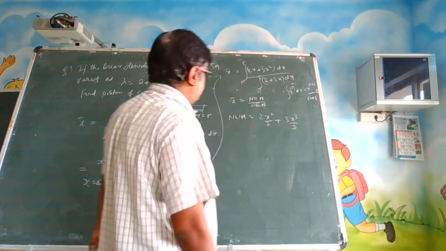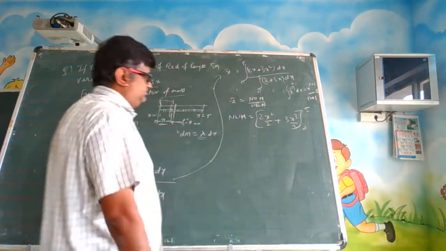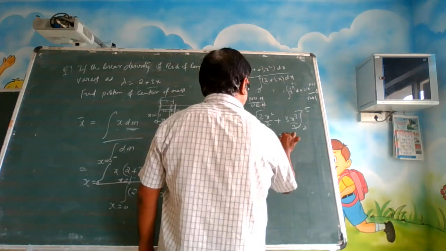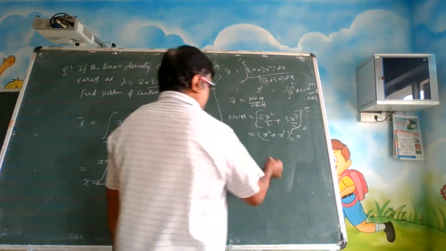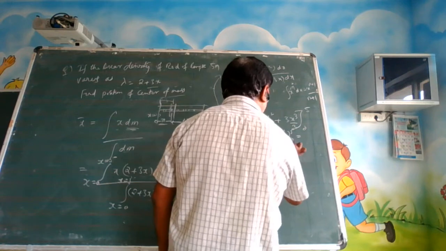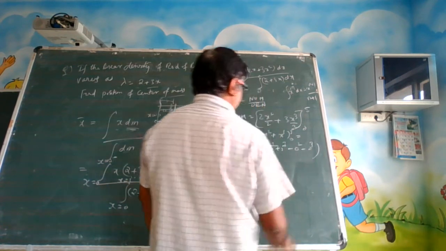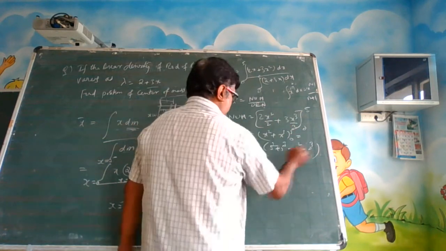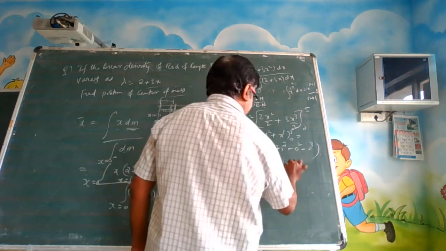So the boundary limits are from 0 to 5. This becomes x square plus x cube from 0 to 5. Put the upper boundary minus the lower boundary. This becomes 5 square plus 5 cube minus 0 square minus 0 cube. I first put the upper boundary 5, then the lower boundary, which is anyway 0. 5 square plus 5 cube, 25 plus 125, 150. So the numerator value is 150.